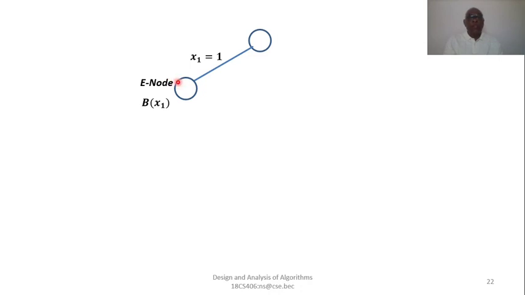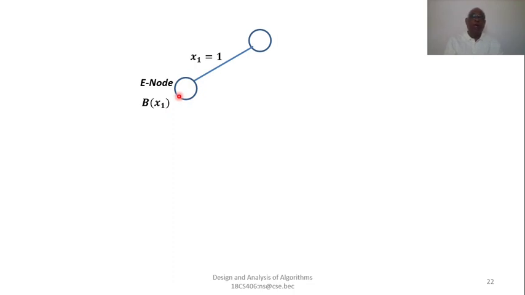And because the partial solution represented by this node satisfies the bounding function, this node next becomes the E node.